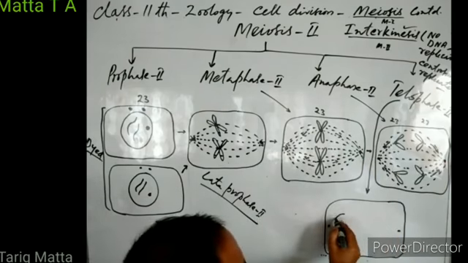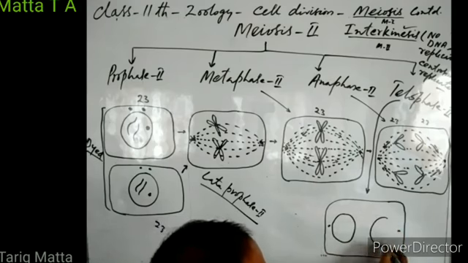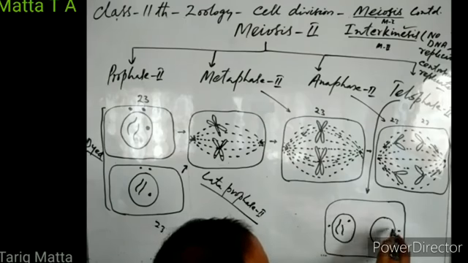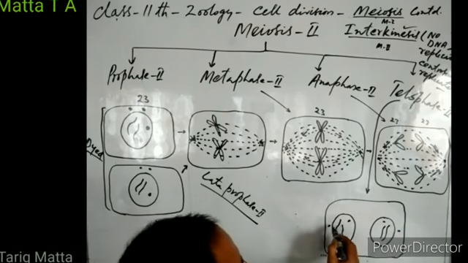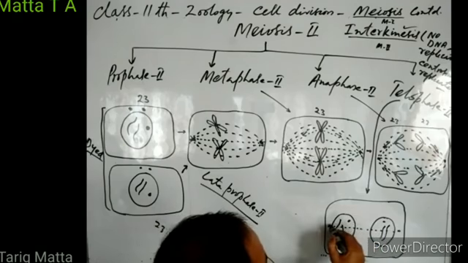Now in telophase second, all these 23 chromatids get surrounded by a nuclear membrane. Nucleolus reappears. Kinetochore spindle fibers disintegrate. However, non-kinetochore spindle fibers may be settled here.